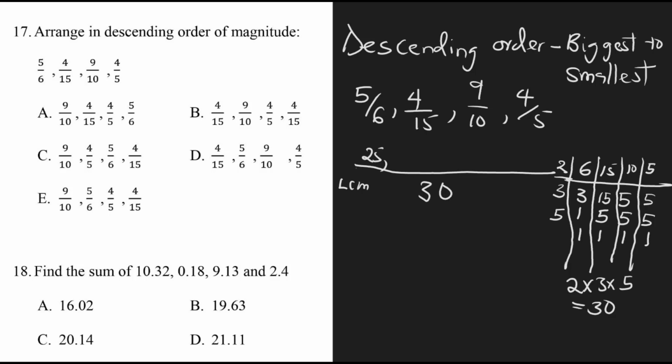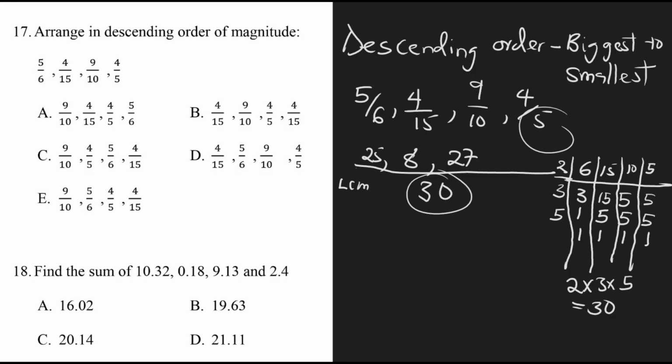Then we have 30 divided by 15 is 2, and 2 times 4 is 8. So write the 8 there, comma. We have 30 divided by 10 is 3, and 3 times 9 is 27. So write 27. 30 divided by 5 is 6, and 6 times 4 is 24.